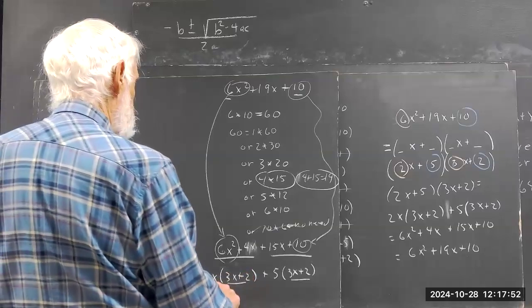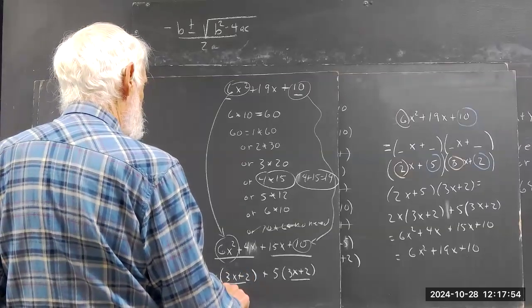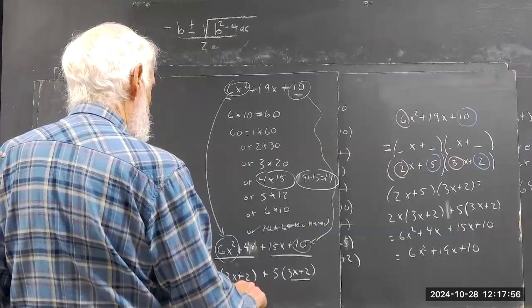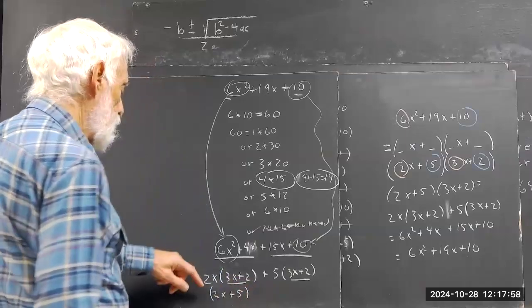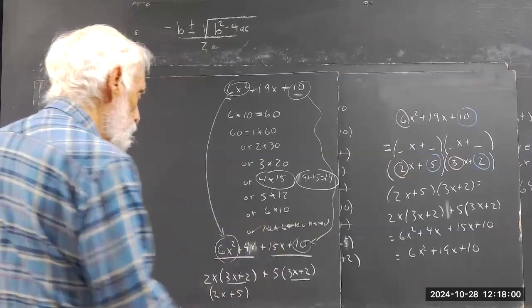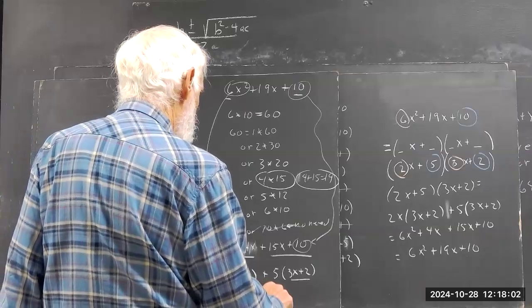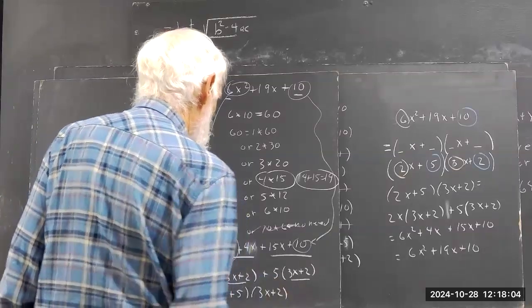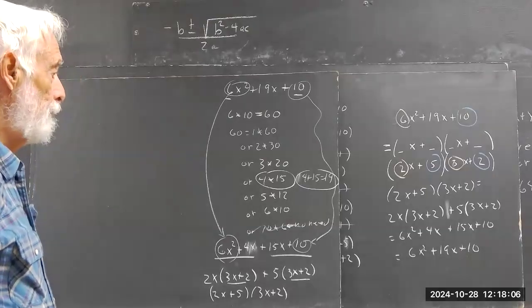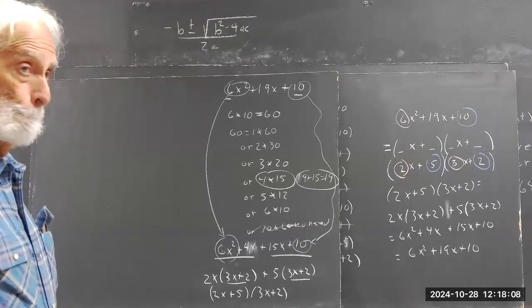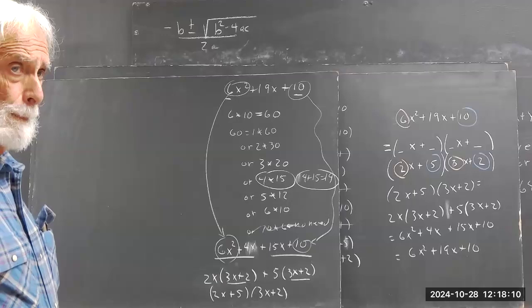Then we just use the distributive law in reverse and say, well, that's got to be 2x plus 5 times 3x plus 2. Okay? That makes sense?